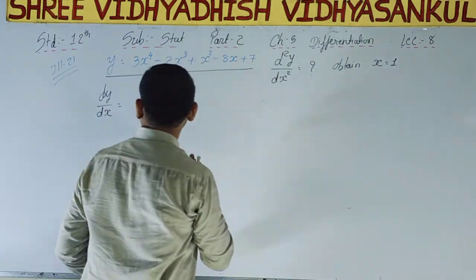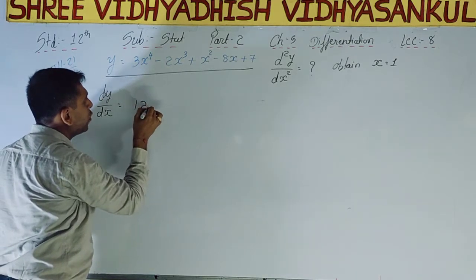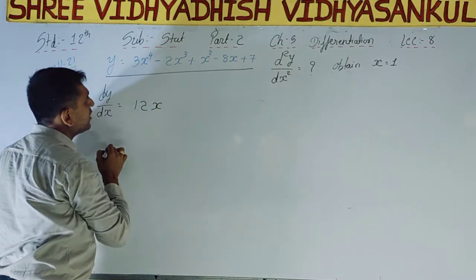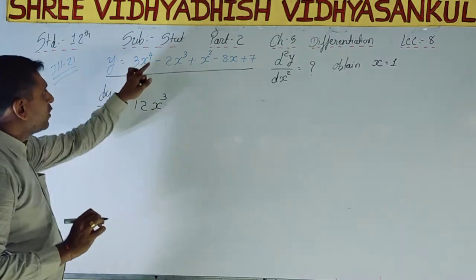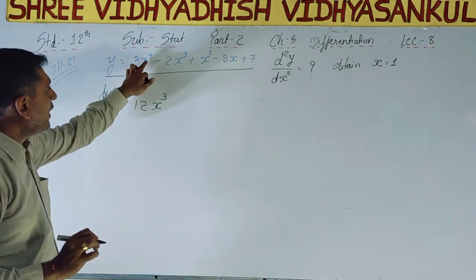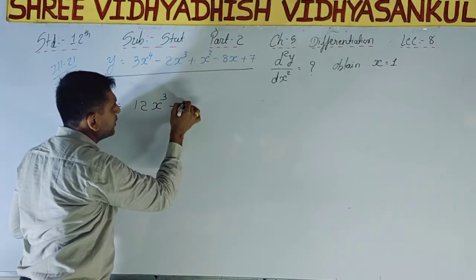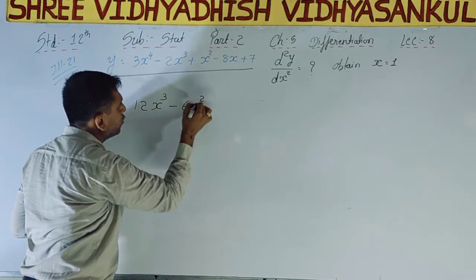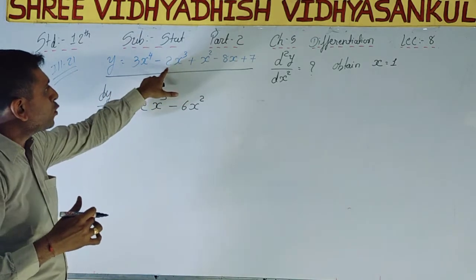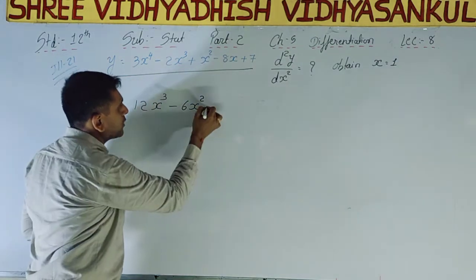Okay, so here the differentiation is 4 3s are 12, x raised to what? 4 minus 1, that is 3. 3 4s are 12, x raised to 3. Minus 2 3s are 6, x raised to 2, 3 into 2, that is 6, x raised to 2.